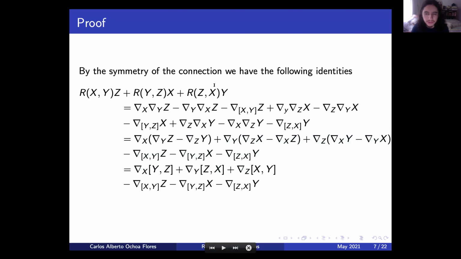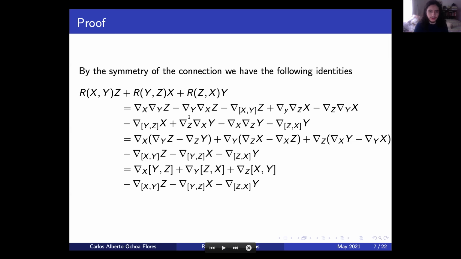Okay, so by the symmetry of the connection, we have the following identities. We simply write this term first. It is this. We write this term here, and we write this term here. So let's recall that the symmetry allows us to express a difference like this one as the Lie bracket of y and z.